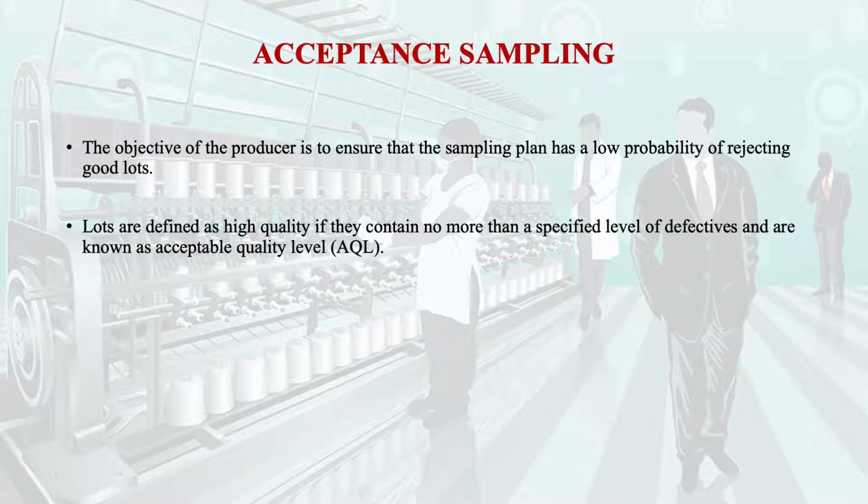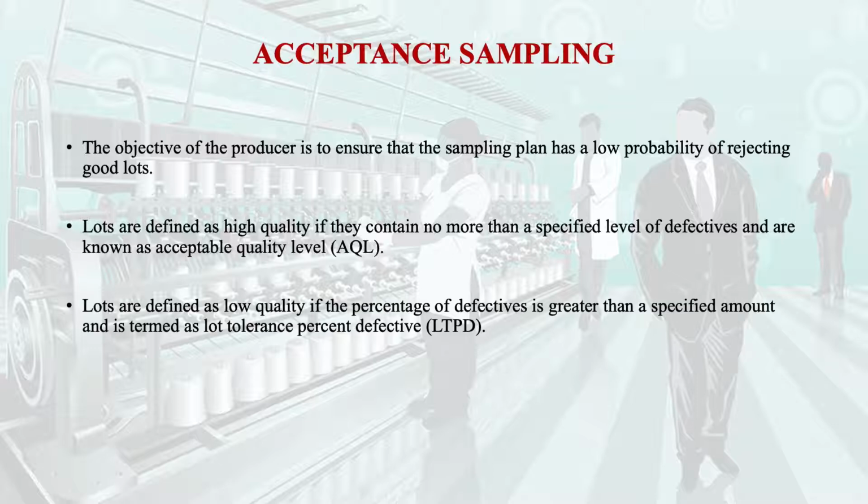Lots are defined as high quality if they contain no more than a specified level of defectives, and that is known as acceptable quality level, or AQL. Lots are defined as low quality if the percentage of defectives is greater than the specified amount, termed as lot tolerance percentage defective, LTPD.